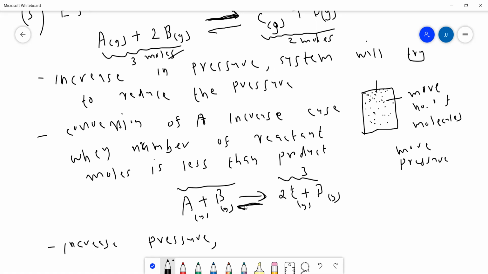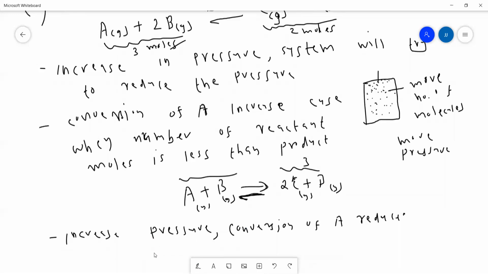The product will react to form reactant, so the conversion of A will be reduced.